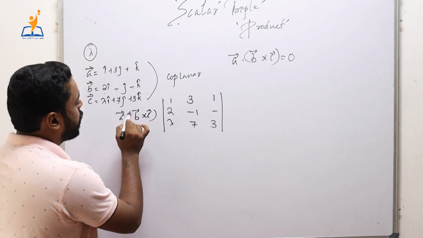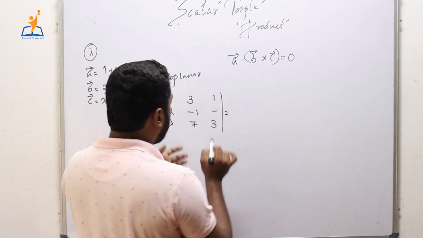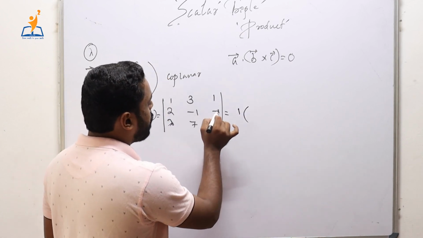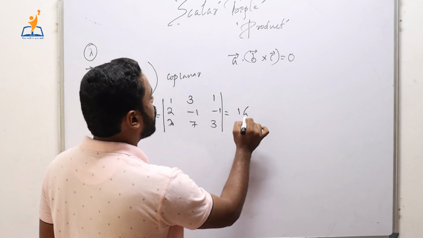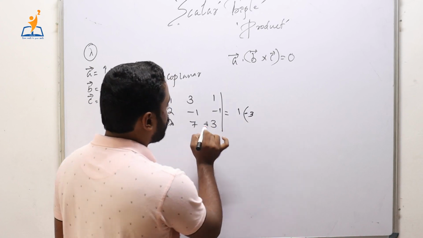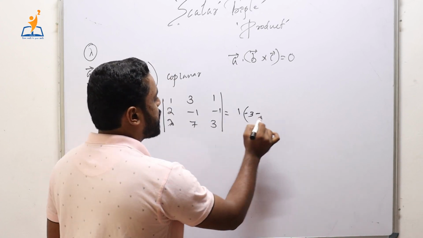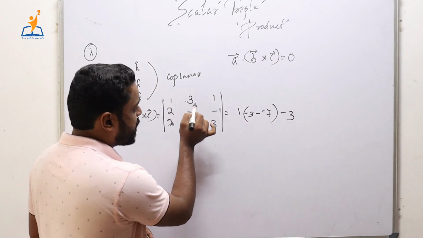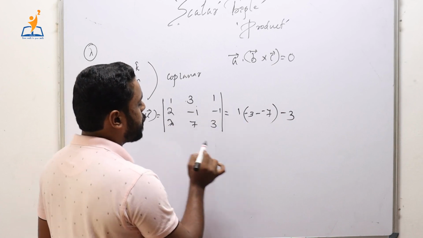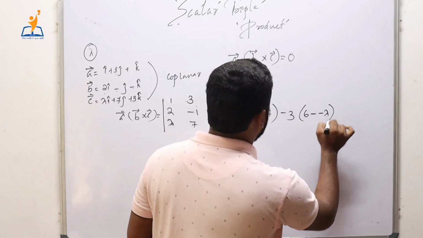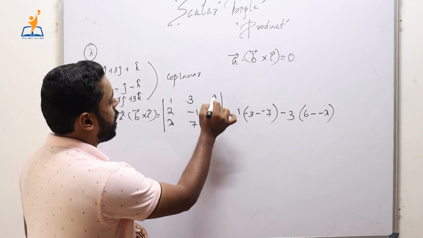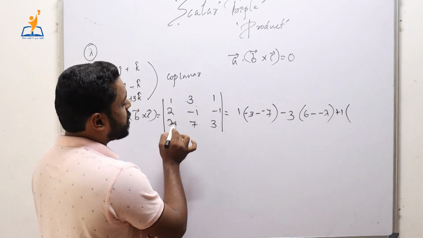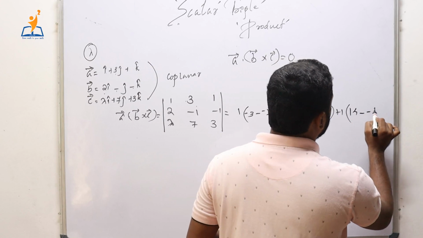A dot B cross C is equal to, now we can evaluate the determinant using the formula: 1 into (minus 3 minus 7), minus 3 into (6 minus lambda), plus 1 into (14 minus lambda).